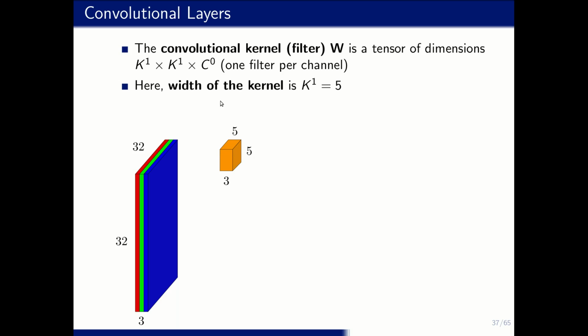We have three channels, and therefore the third dimension is Z0. The way to interpret this is essentially that this three-dimensional tensor, this kernel, is just an array of matrices. Each matrix is K1 times K1, and we have one matrix per channel. Therefore we end up with this three-dimensional array or tensor K1 times K1 times C0.